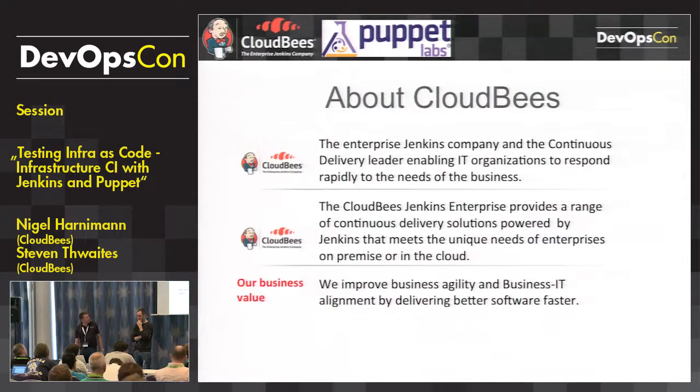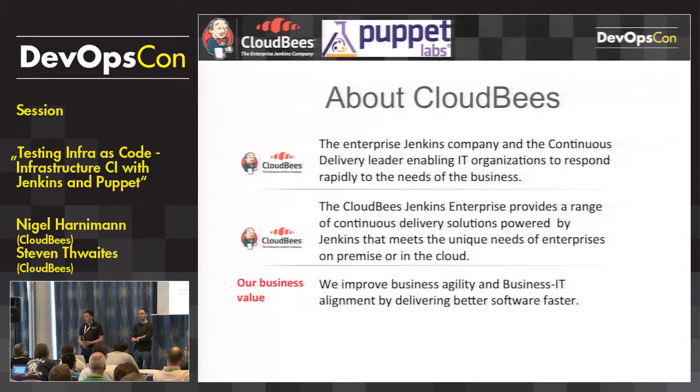So who are CloudBees? Well, we're the Enterprise Jenkins company. And we can say that because what we do is Jenkins. Kohsuke Kawaguchi, who invented Hudson and Jenkins, works for us. He's our CTO. And we have a huge amount of in-depth skill in Jenkins.